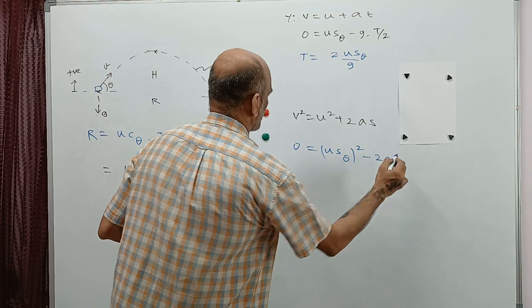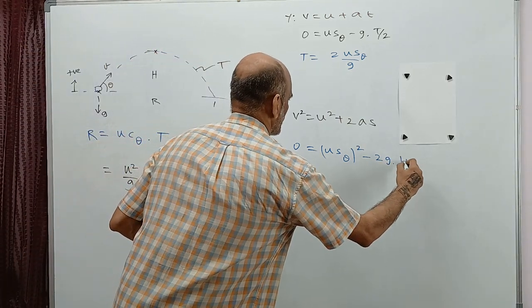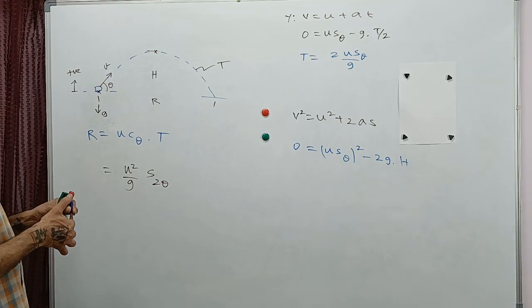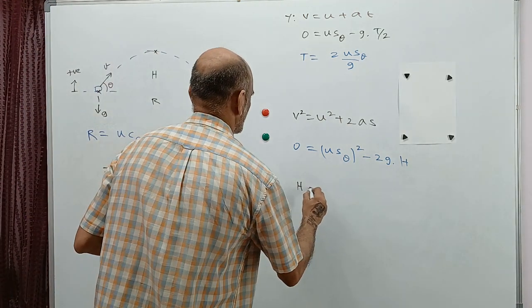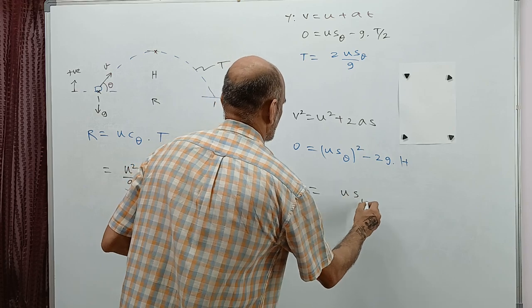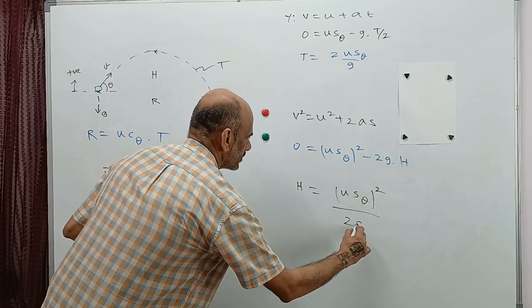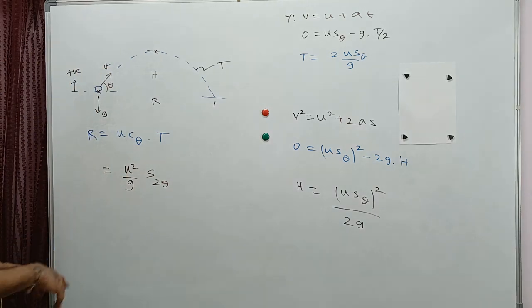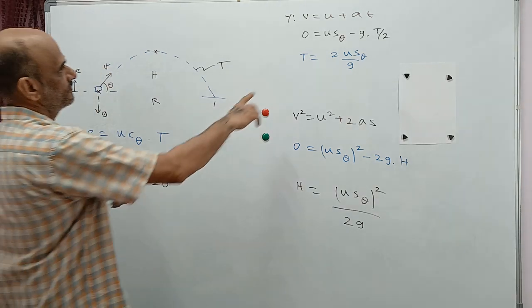Acceleration is minus g, and the displacement between these 2 points in the vertical direction is h. So from this you get the result. The maximum height attained is (u sine theta) square by 2g.